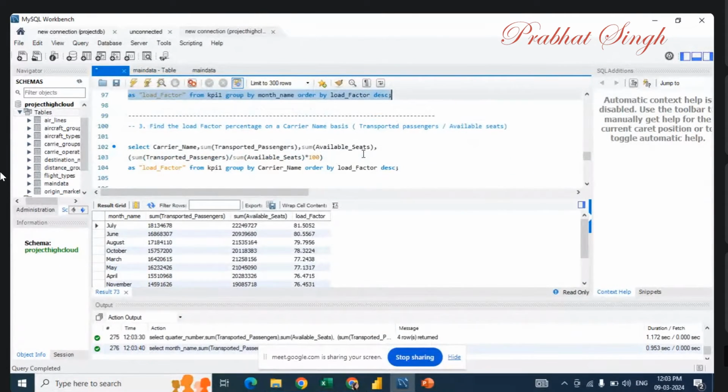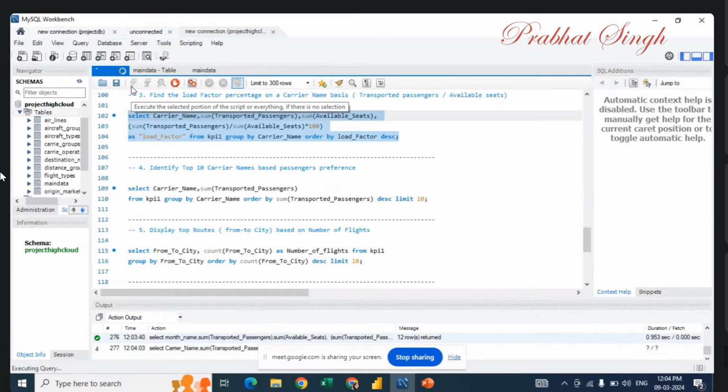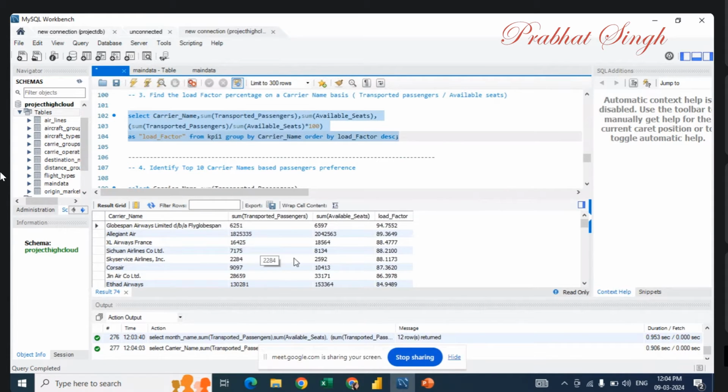Coming to the third one, we need to see the load factor by carrier name. This is the query for that. We need to calculate the load factor and then group by carrier name. So here is the result for that.